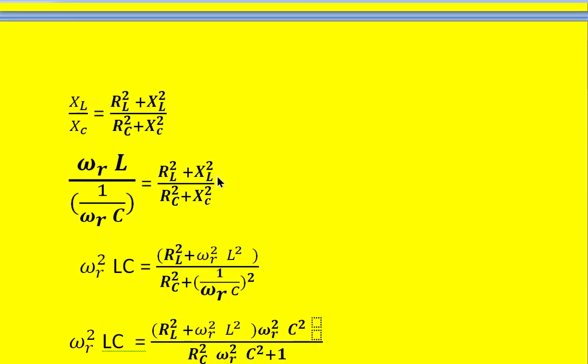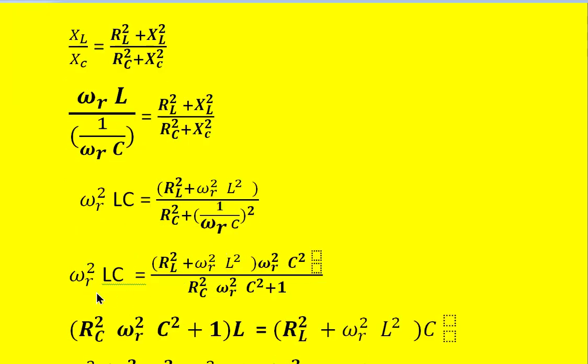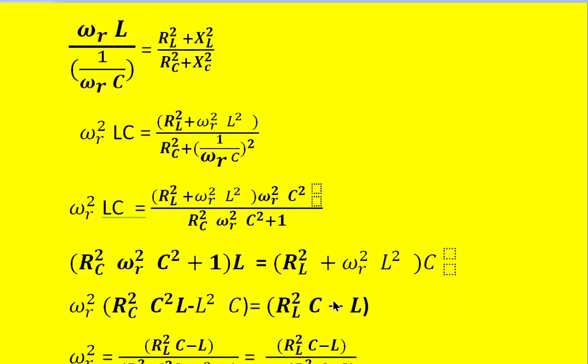Replacing XL with omega R L and XC with 1 by omega R C and simplifying, the equation becomes omega R square LC is equal to RL square plus omega R square L square, into omega R square C square divided by RC square omega R square C square plus 1.